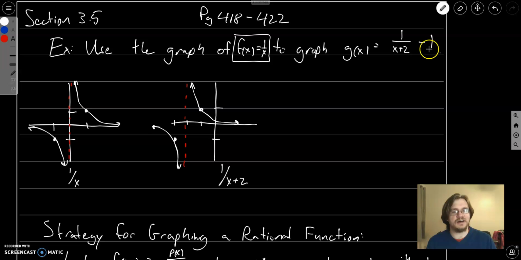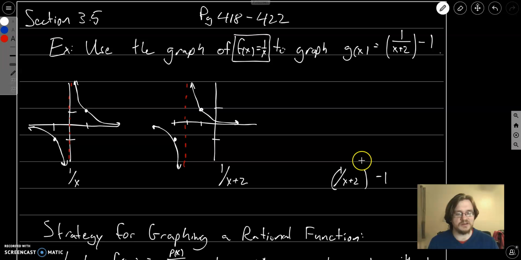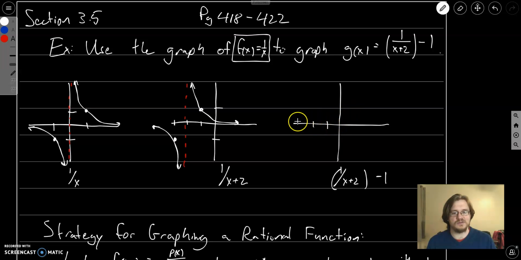And then the last piece of this will be to subtract 1 from the whole thing. If I just put parentheses around this, it will be a little bit clearer. So if I subtract 1 from the function, it means that we're shifting everything down 1. So again, if we have our graph up, 1, 2, 3, now I'll have to go down 1.